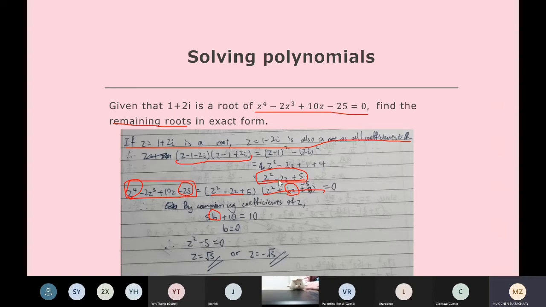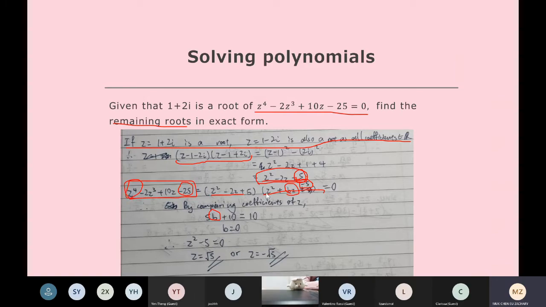So from the quadratic I've gotten from 1 plus 2i and 1 minus 2i, the constant was 5. So the remaining quadratic equation that is part of z to the power of 4 minus 2z cubed plus 10z minus 25 will be negative 5. And then we see in front that the coefficient of z to the power of 4 is 1.